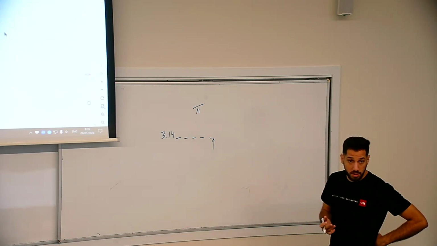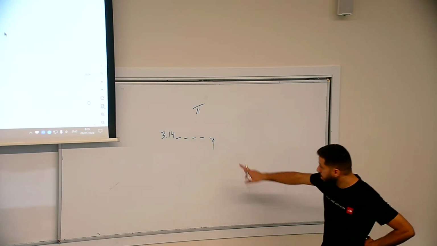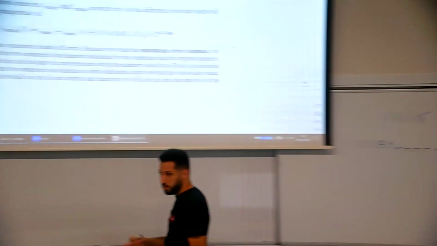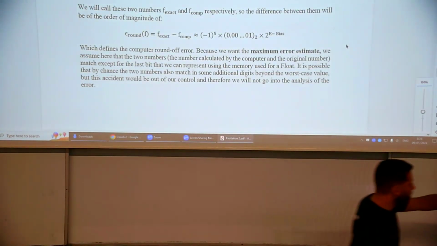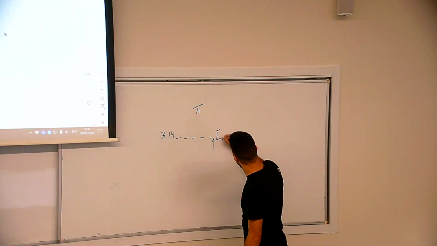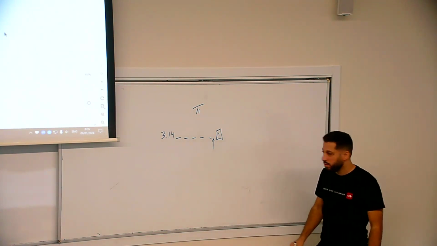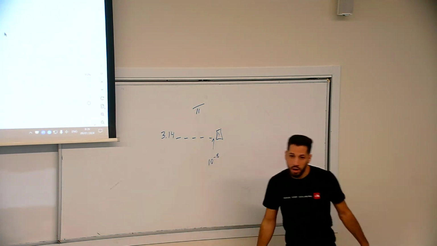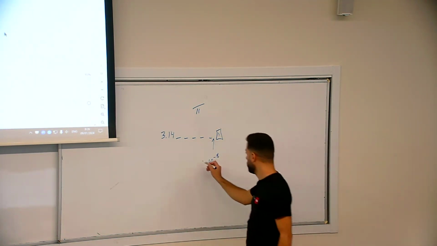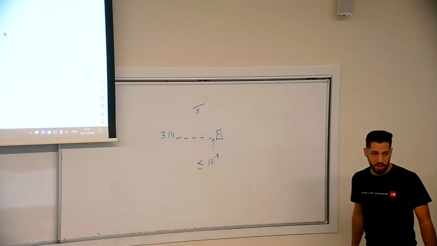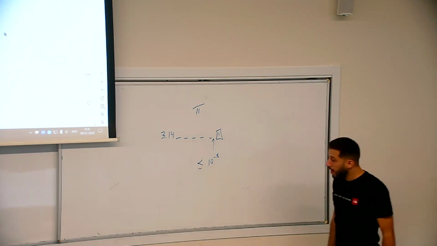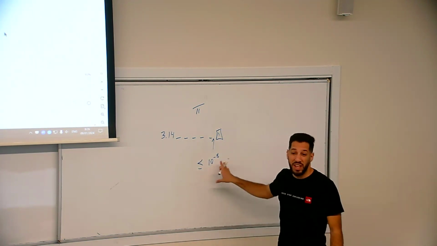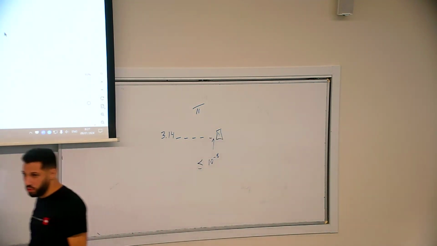Where could this error be? Only in the last digit, yes. And this error maximum, what would it be? 1 here, yes? Okay? So for example, in this example, the error is smaller than 10 to the minus 8. And we say the bound of the error is 10 to the minus 8, and we take it as the error because we take the worst case when we deal with them.